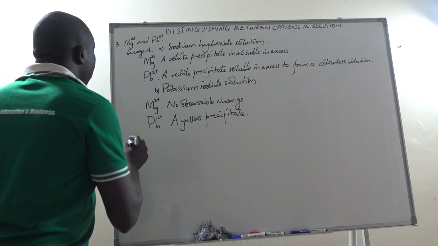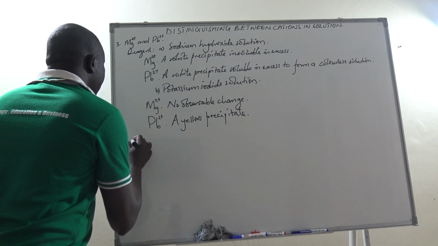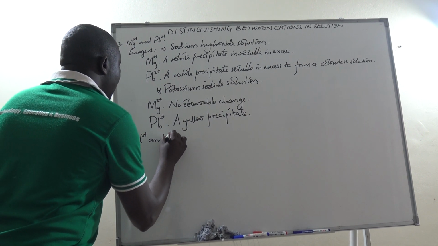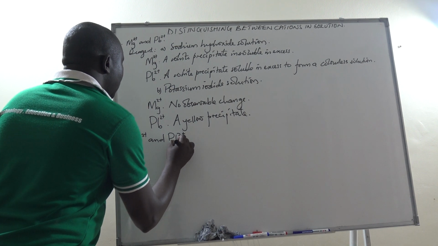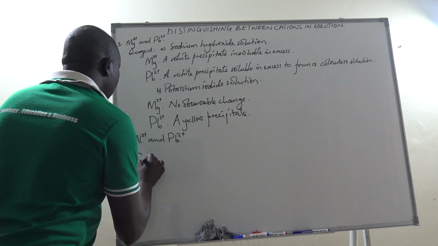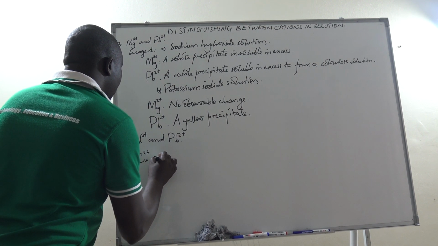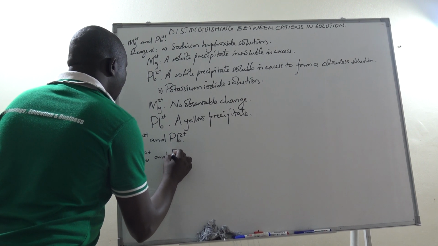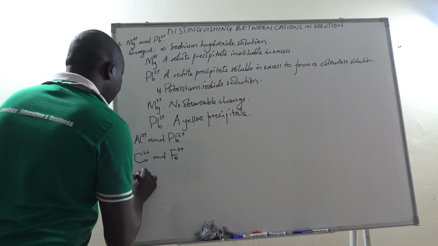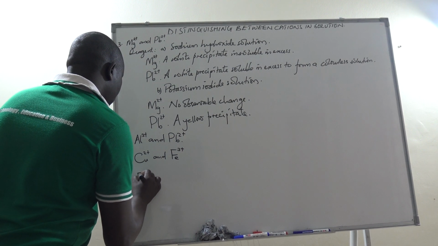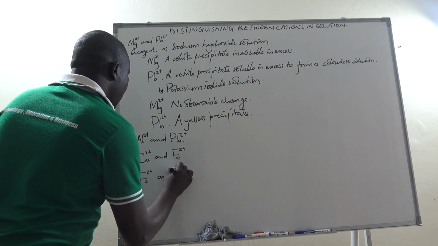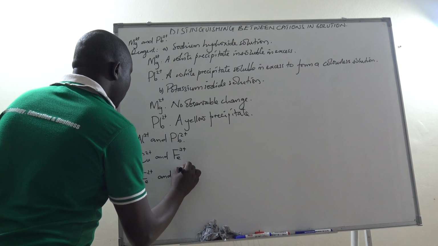Let us try this also. Try distinguishing between aluminium ion and the lead 2 ion. Try distinguishing between copper 2 ion and the iron 3 ion. Try distinguishing between iron 2 ion and the iron 3 ion.